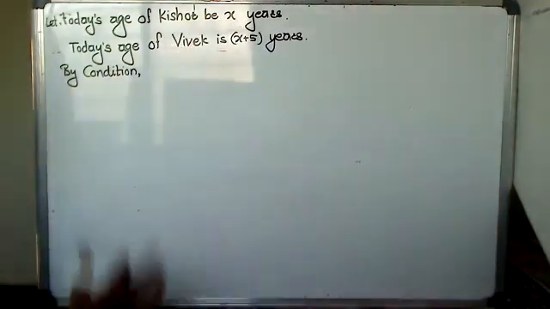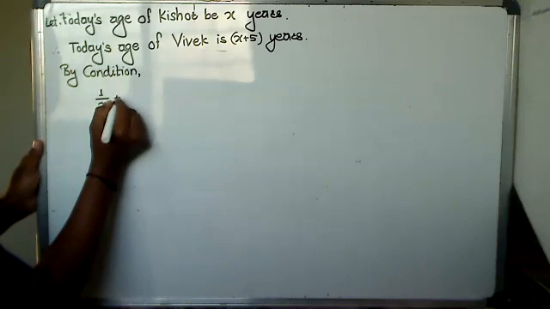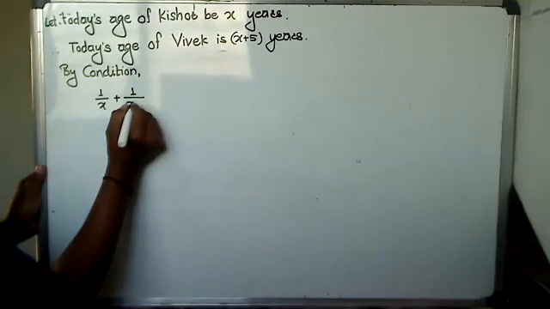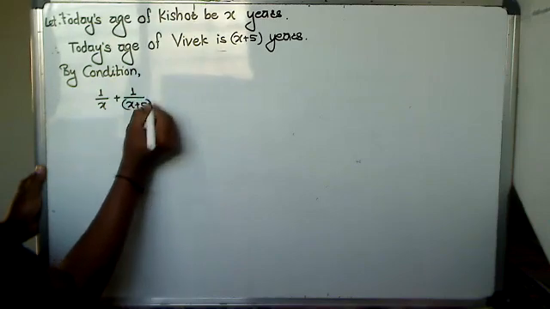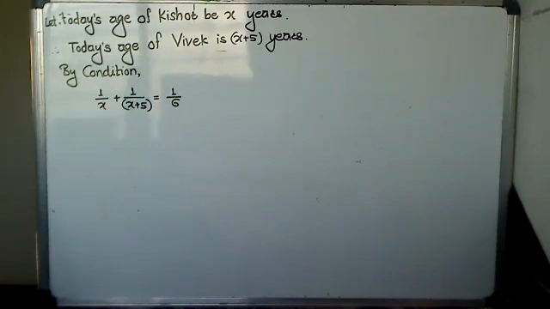The reciprocal of x is 1 upon x. So the sum of the reciprocals is 1 upon x plus 1 upon x plus 5 is equal to 1 upon 6. So this is the condition.